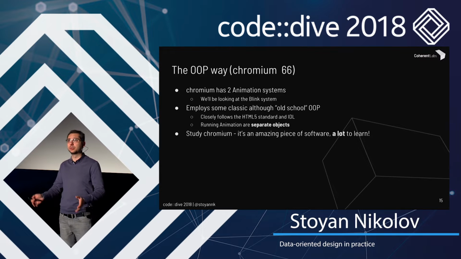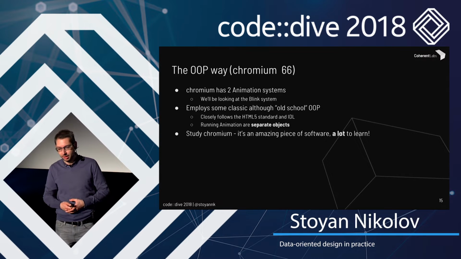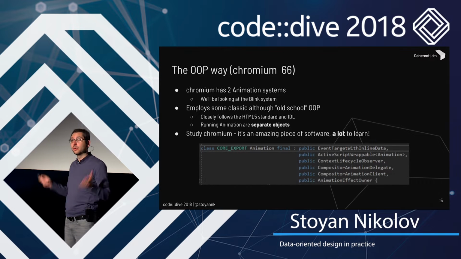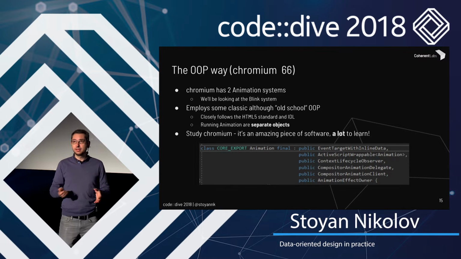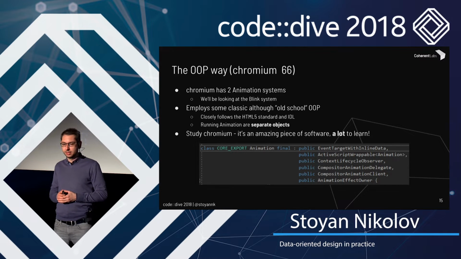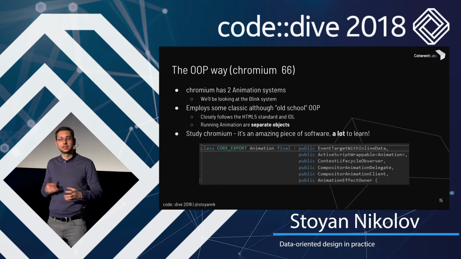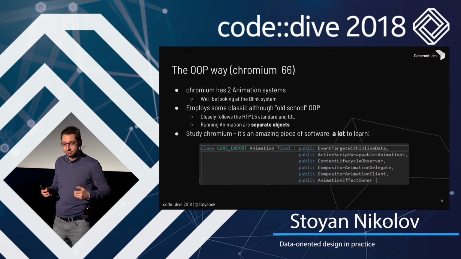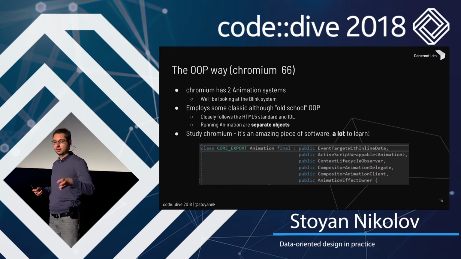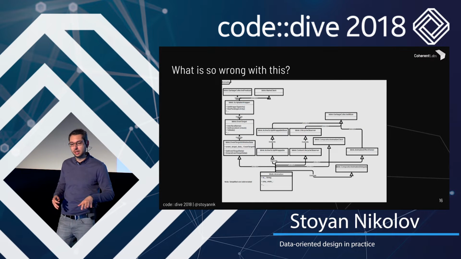Obviously, we go into the code base, and the first thing that we do is look for a class called animation. And there is one, so we're on the right path. It's final, which is good. We know that it won't be inherited by anything. But we already see that it's a bit of a dated code base in the sense that it inherits six other classes. And here's the inheritance hierarchy. You don't have to read the details. It's very complicated.